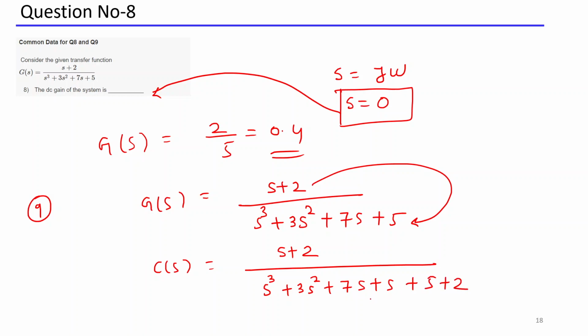So 7s plus s is 8s, and 5 plus 2 is 7. This becomes s plus 2 divided by s cube plus 3s square plus 8s plus 7. You just need to solve this equation and find the roots.